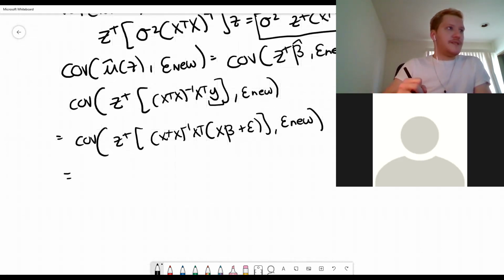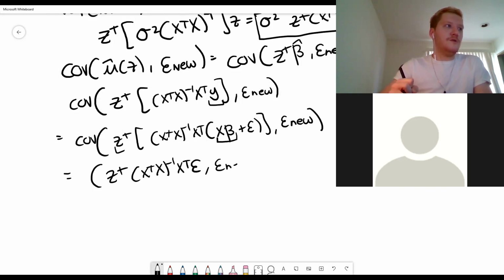So if I simplify this out, you'll notice that everything from this summation here, these are all constants, right? Beta is a constant. Beta hat is not a constant. So I can really just write this as z transpose x transpose x inverse x transpose epsilon with epsilon nu, and this is still all a constant.